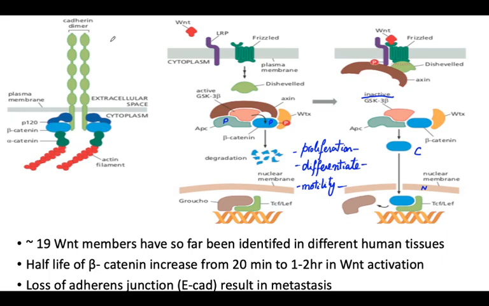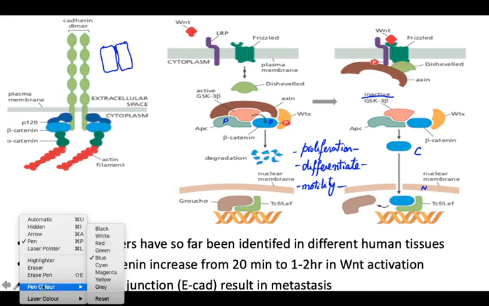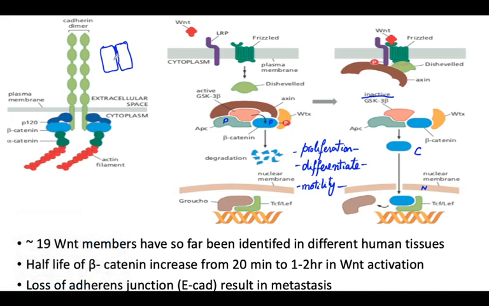Now, so far we know about cell-to-cell interaction. Consider this as cell A and the neighboring cell as cell B. There is a junction called the adherent junction. In adherent junctions, the binding is maintained by E-cadherin, E as the name indicates, epithelial. E-cadherins represent cells which are epithelial in origin.